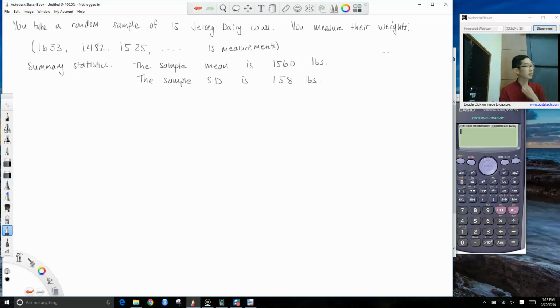Make a 95% confidence interval, and I will ask: what is the lower bound of the interval? Go ahead and try that out. I'm going to create some answer choices here.